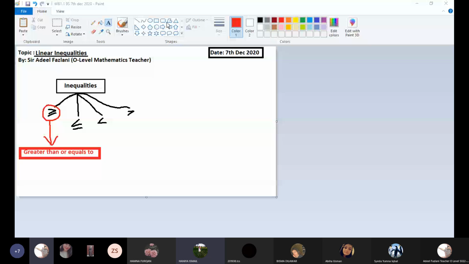4 plus 5 is greater than or equals to 10 minus 1. You're saying 4 plus 5 is greater than or equals to what? 10 minus 1.